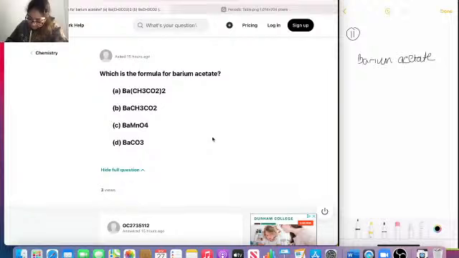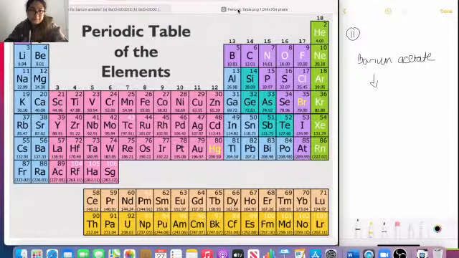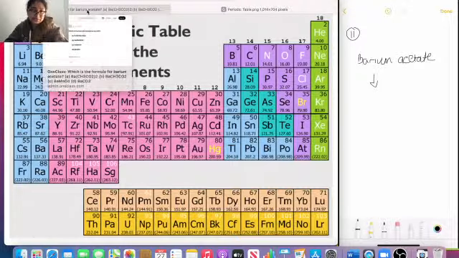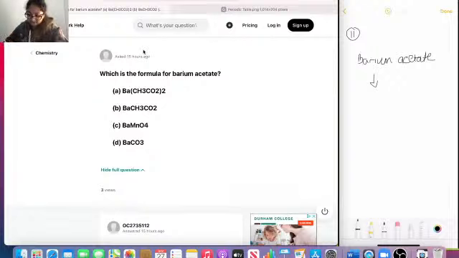Okay, so barium, as you can see from the periodic table, is over here, number 56. And so since it's in group 2, it would have 2 valence electrons.